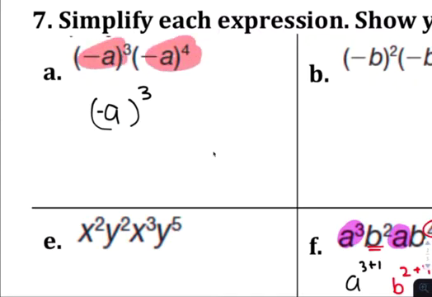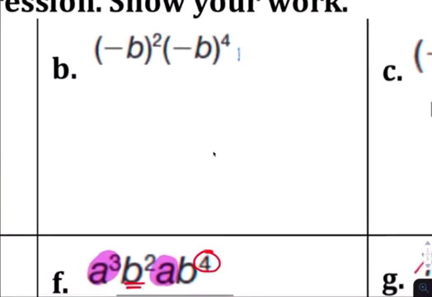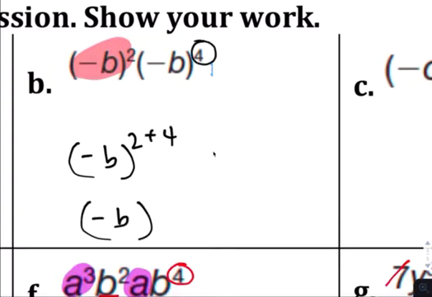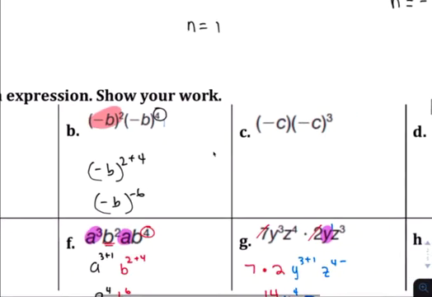There's 4 -a there. You just add them. Get -a to the 7th power. There's 2 -b here, so -b, there's 2 of them. And there's 4 in the other one. So you get 6 -b's altogether. Oh no, not -6, there's 6 -b.